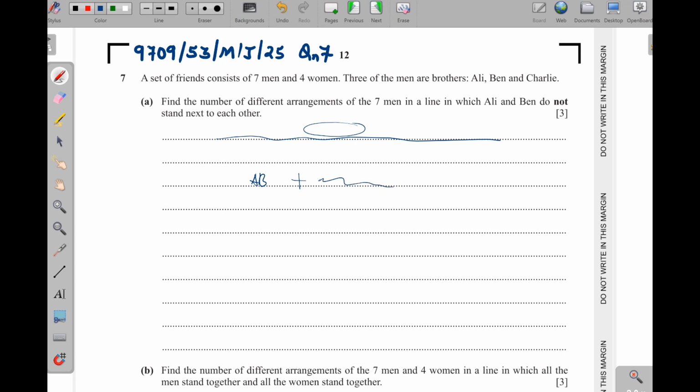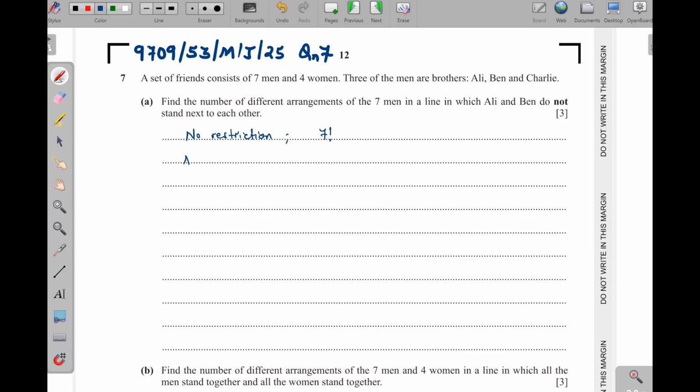You get it? So that means I can consider first no restriction. Okay, no restriction. So for no restriction, how many men are there? There are 7. So we shall have 7 factorial.